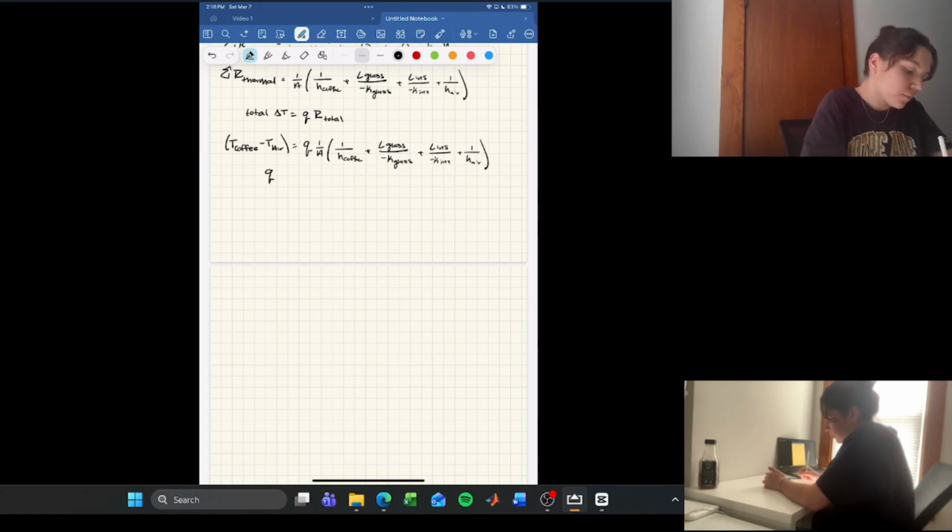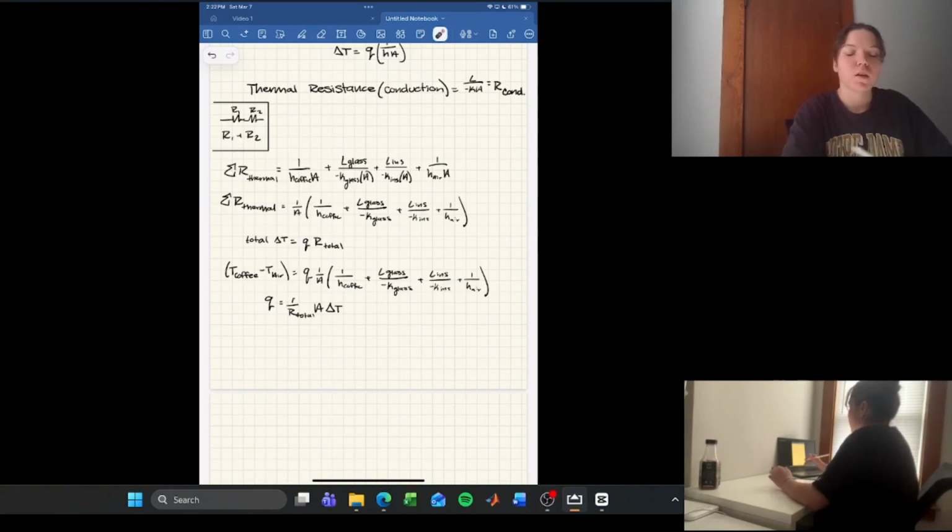We would just have to rewrite it so that Q is equal to, this whole section is going to be divided over, so it's going to be the reciprocal of it. It's going to be 1 over the total resistance times the area times the overall change in temperature.